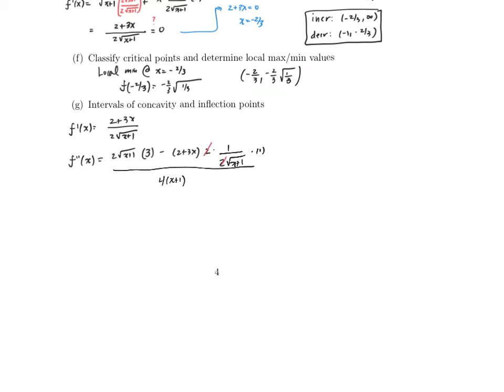And let's go ahead and just try to simplify and combine a few things. So the bottom is going to have that denominator 4 times x plus 1. But note in the top, the second term is 2 plus 3x over the square root of x plus 1. And the first term is what? 6 square roots of x plus 1.